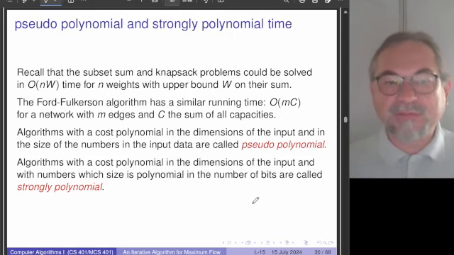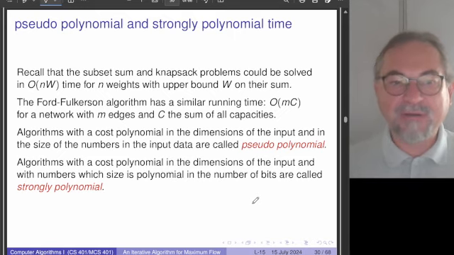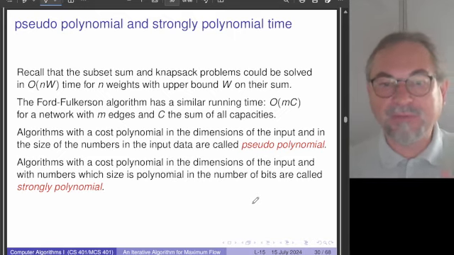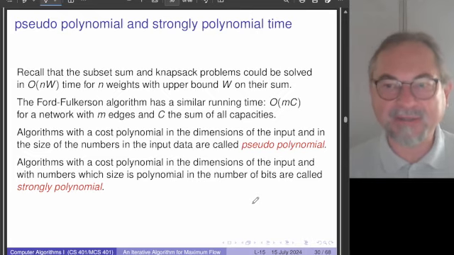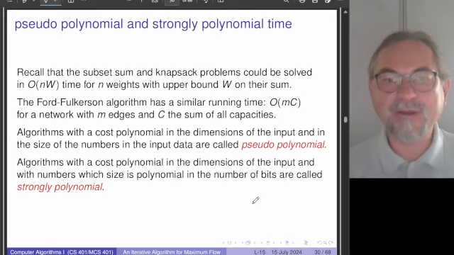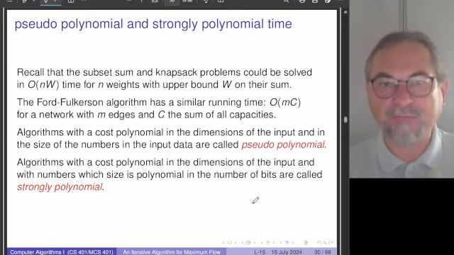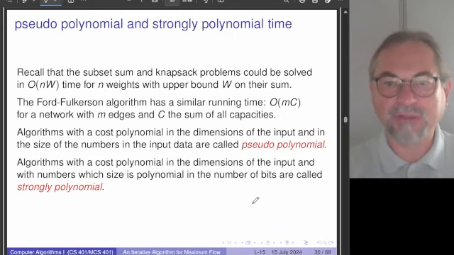Algorithms are strongly polynomial if they are independent of the bit size. There is the bit size complexity, which we don't explicitly address in this course so far, but we have to be mindful that the Ford-Fulkerson algorithm is not, in the strict sense, a strongly polynomial algorithm.